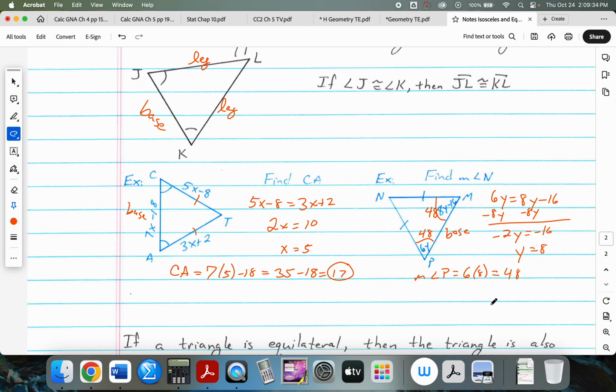And the angles in any triangle add up to 180, so I'll take 48 and 48 and add them together. That's 96. So it's 180 minus 96, which is 84. So this angle is 84. Questions about that?